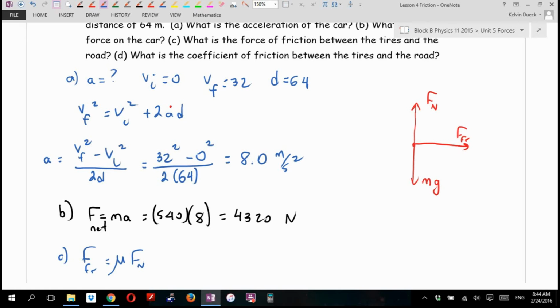I think I can be even more specific. Folks, if that's how fast the car is accelerating, what force is accelerating the car? So isn't friction what's making the car accelerate?